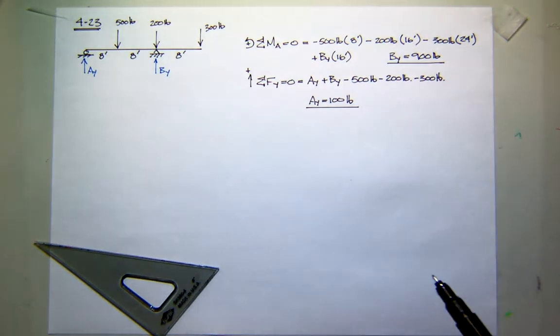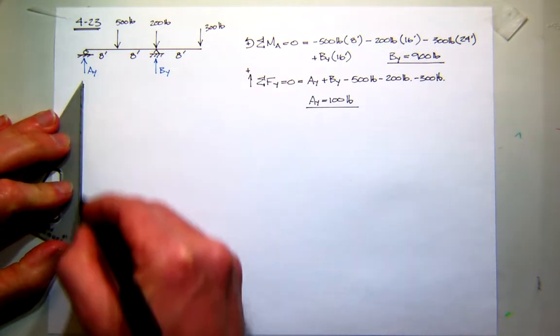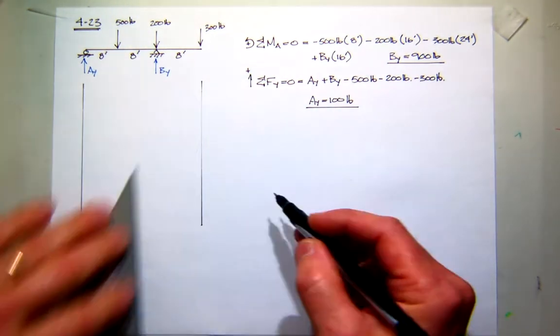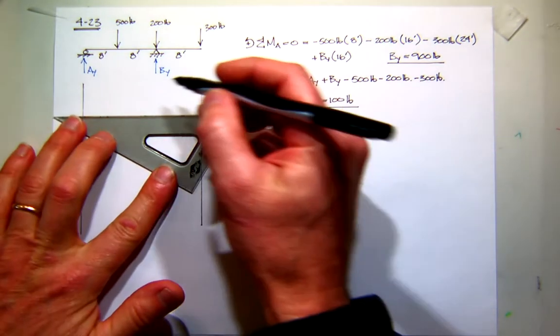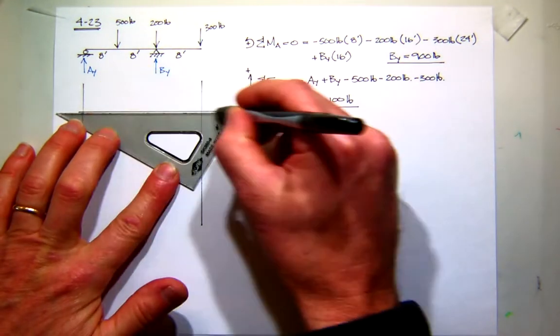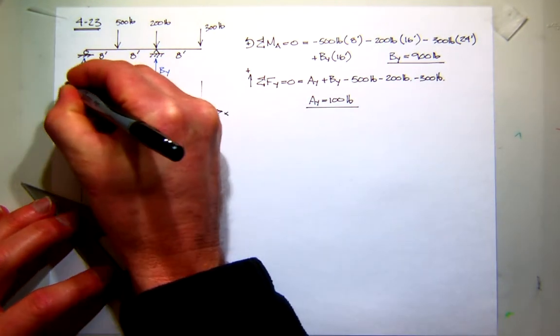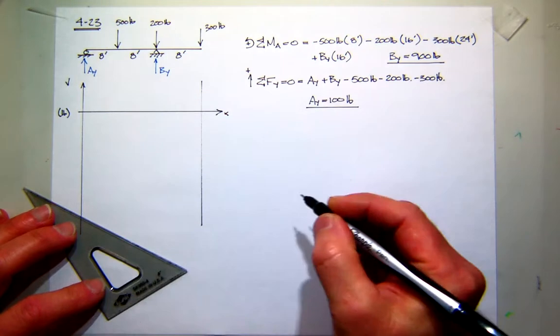Okay, so once we have those, and I think they're reasonable, I'll draw my template for the beam from left to right, and for my shear diagram, here's my positive X. I'll assume shear is positive, and all my values will have units of pounds.